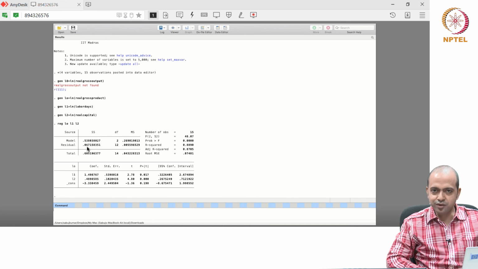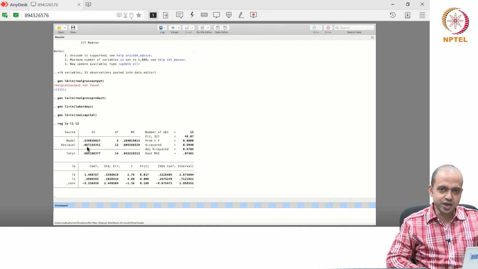Similarly, put a name for the capital labor ratio, defined as capital divided by labor. Once you do that, you can estimate the restricted model, and then collect the RSS from that restricted version.